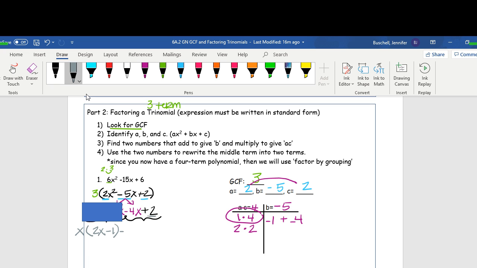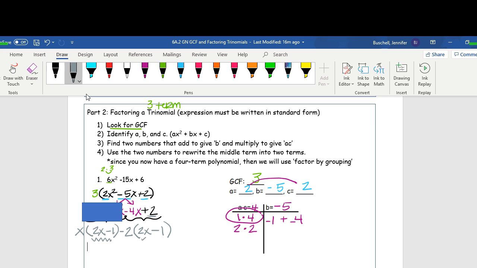So I'm going to take out a negative 2. The reason I'm taking out a negative is because the first term of these two terms is negative. I'm going to start my parentheses and I'm going to divide each term by negative 2. So negative 4x divided by negative 2 is 2x. And positive 2 divided by negative 2 is a negative 1.